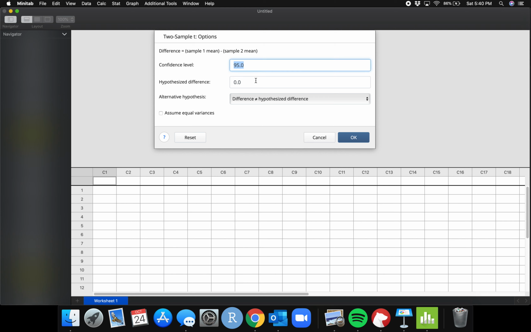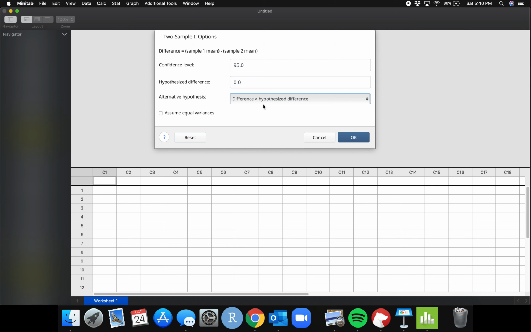Then we want to go to Options. Hypothesized difference is always going to be 0. Technically we could test for how much greater it is, but we won't really get into that in this class. We're testing if the difference between mu1 and mu2 is greater than 0, because our alternative hypothesis was that group 1 was greater than group 2.